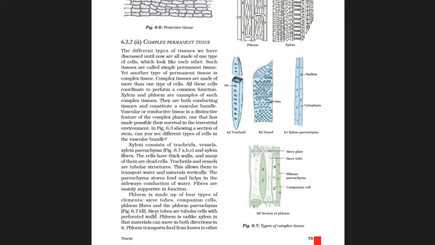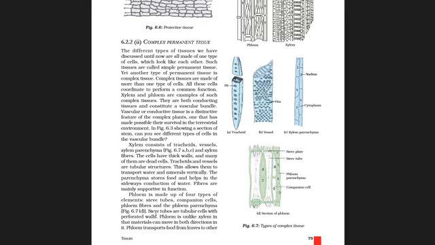This is the main reason why they can survive, due to the vascular bundles. In a terrestrial environment, what do we mean by terrestrial? The plants which are present on land. In that kind of environment, these tissues are very useful.